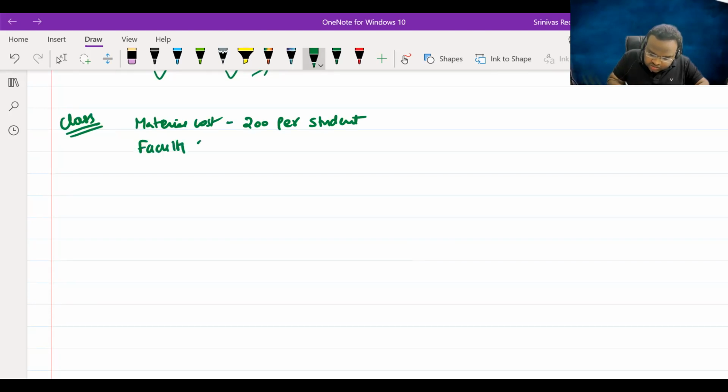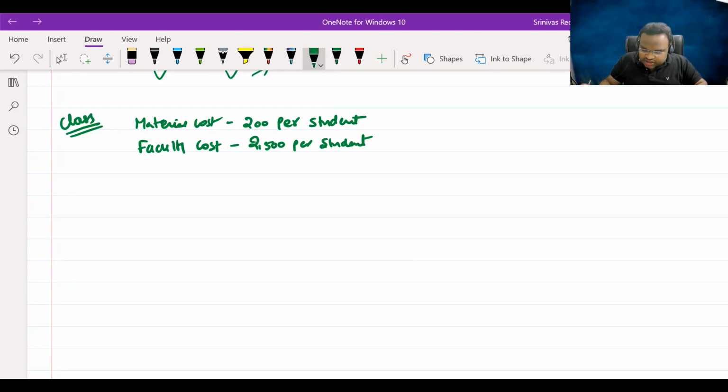Faculty cost is 2,500 per student. If the number of students is 10, I need to pay 25,000. If the number of students is 30, I need to pay accordingly.